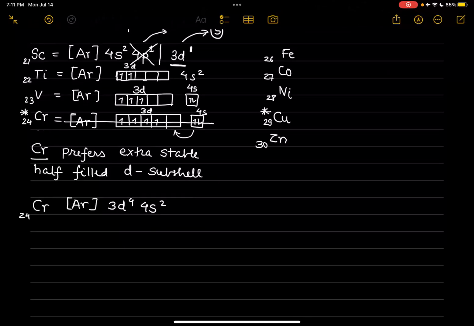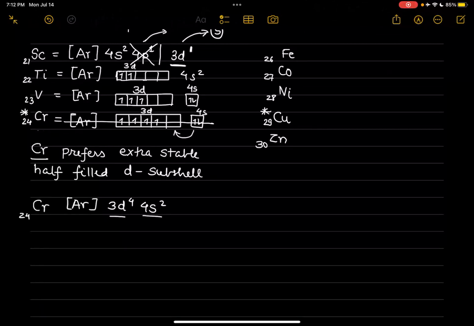The best way to remember the electronic configuration for 21 to 30: for example, if you're 24, you will write 4s2 and 3d4. 25, 4s2 and 3d5. Got it? 26, 4s2 and 3d6. That is the shortcut way of writing and remembering.